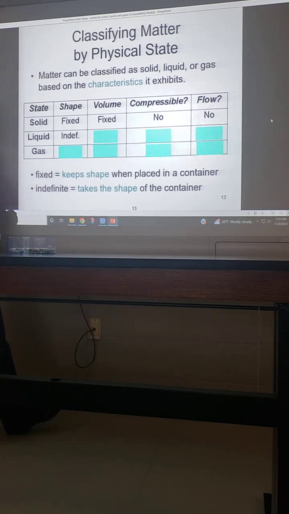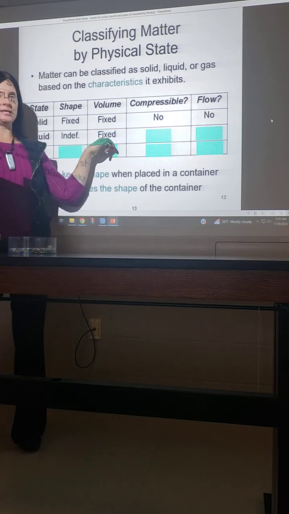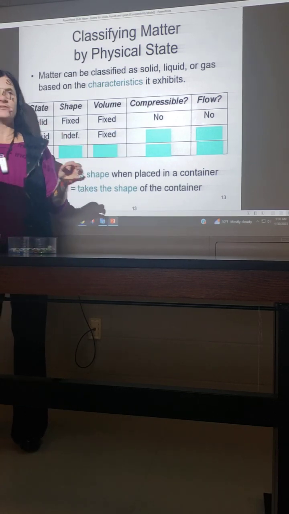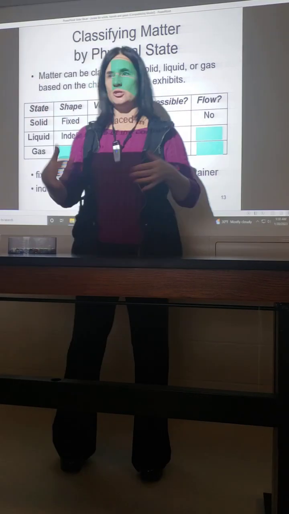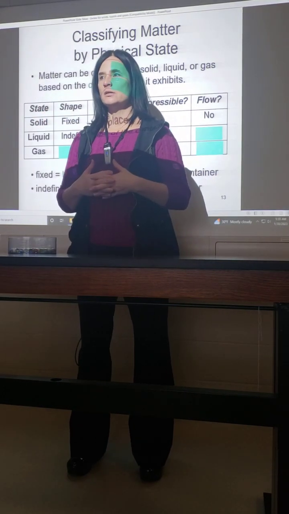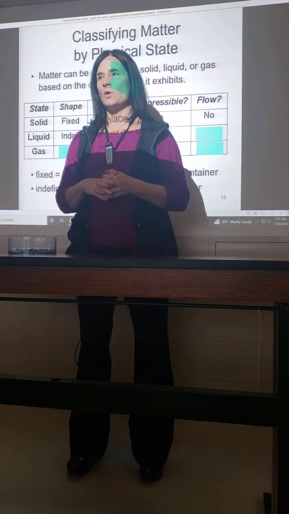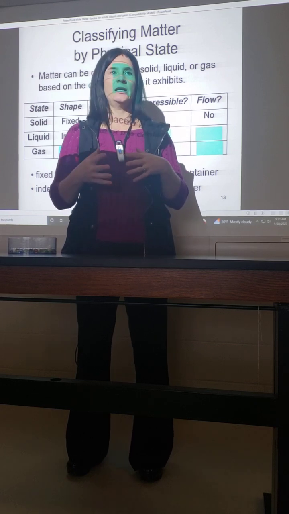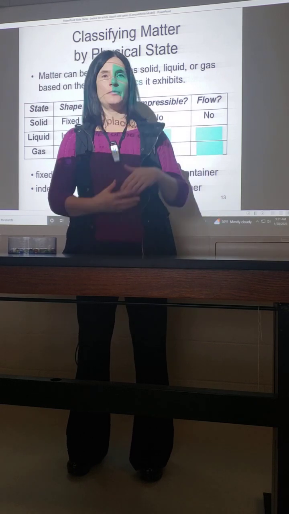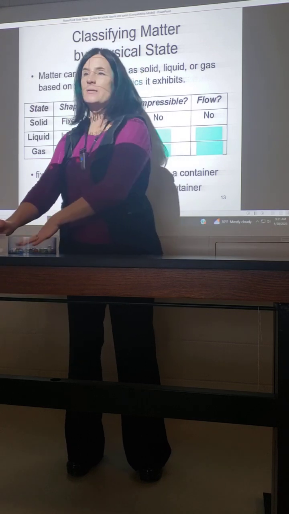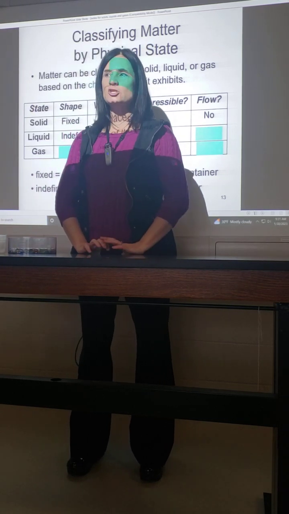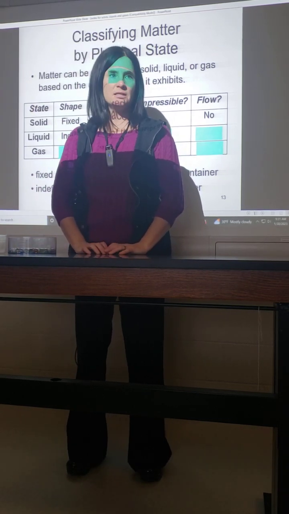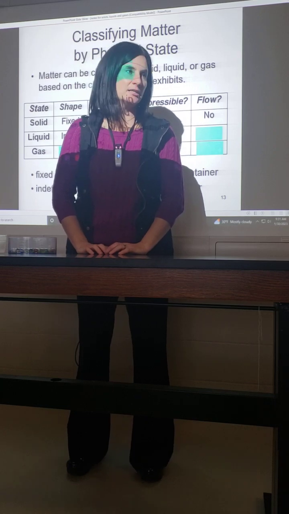Okay, this one is a little bit tricky, and here's why. It's actually fixed because if I have 200 milliliters of water, it's gonna stay 200 milliliters of water no matter if I put it in a giant beaker, in my little container, or pour it in here. The shape of it is changing, but the amount of space that it's taking up is not changing.